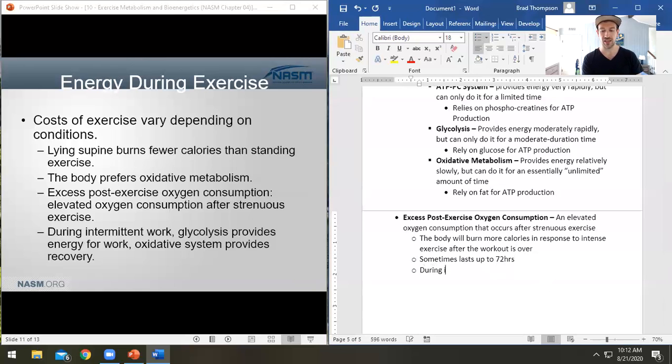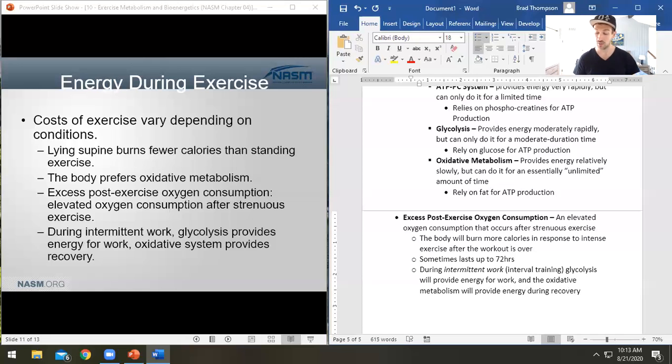So during intermittent work, which is a very fancy way of saying interval training, glycolysis will provide energy for work, and the oxidative metabolism will provide energy during recovery, right?